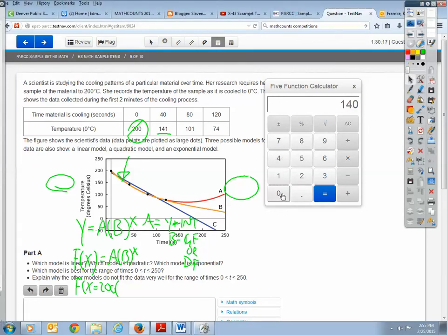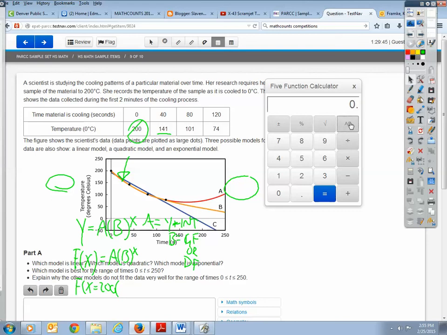141 divided by 200. That's 2,000, because this is going to give me a bogus answer. So let's try this again. 141 divided by 200. So that's 0.705. Well, let's see if that happens again.